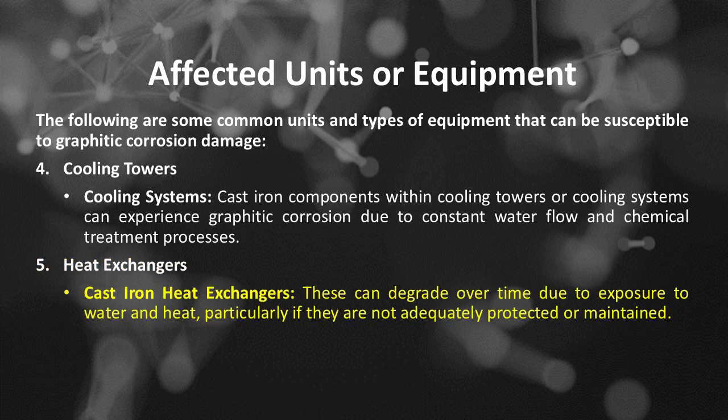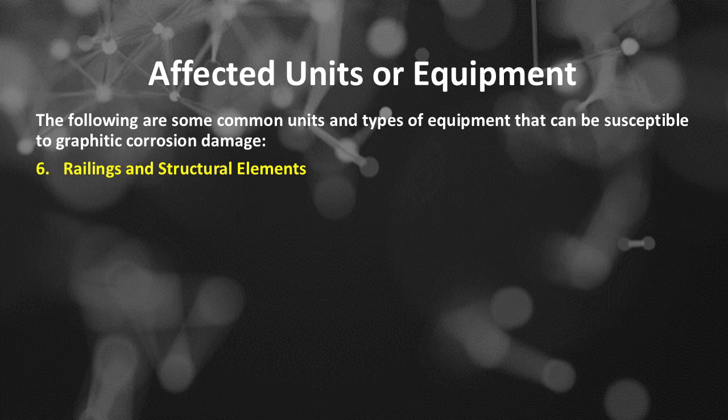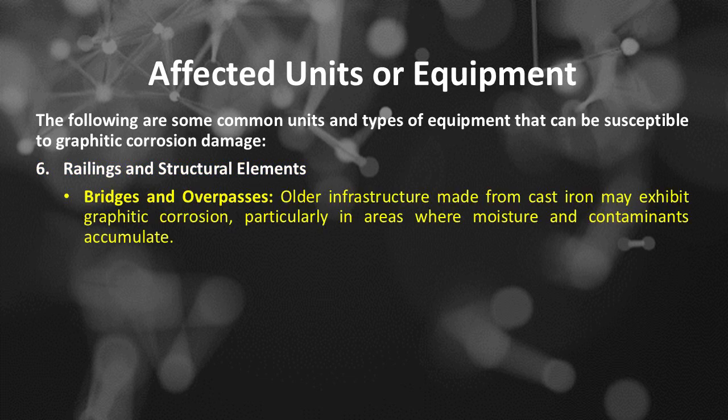Cast iron heat exchangers can degrade over time due to exposure to water and heat, particularly if they are not adequately protected or maintained. Number 6 is railings and structural elements. Bridges and overpasses, older infrastructure made from cast iron may exhibit graphitic corrosion, particularly in areas where moisture and contaminants accumulate.